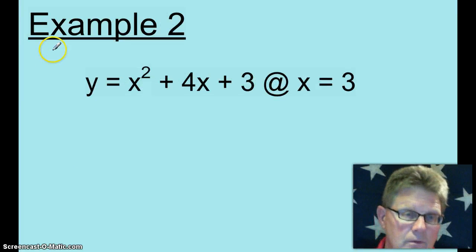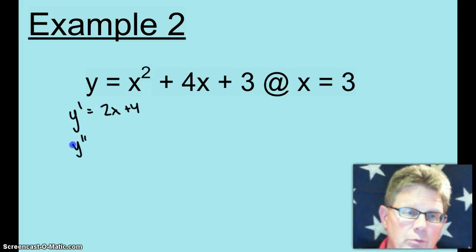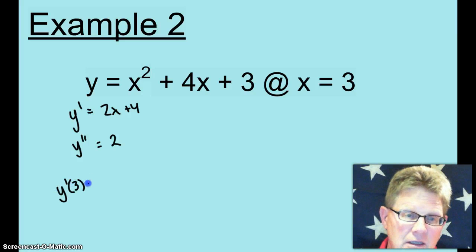Okay, y prime equals 2x plus 4. Y double prime equals 2. So y prime of 3 equals 2 times 3 plus 4. Y prime of 3 equals 10.